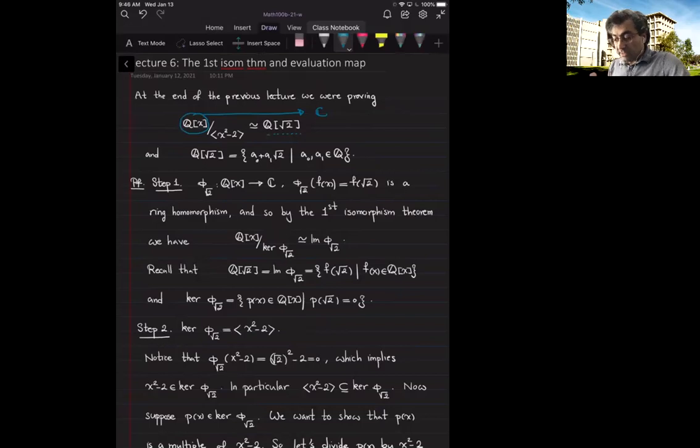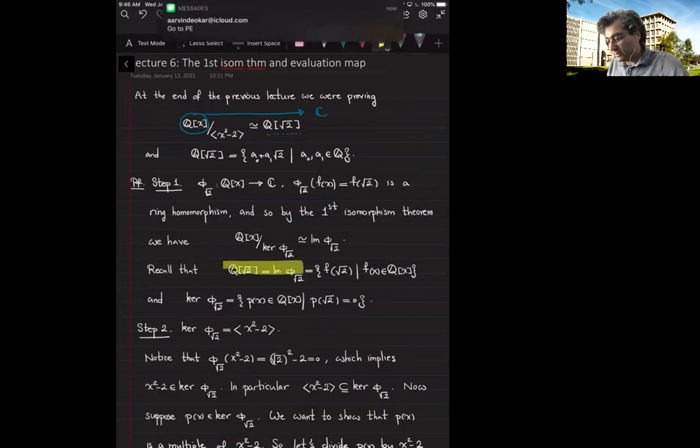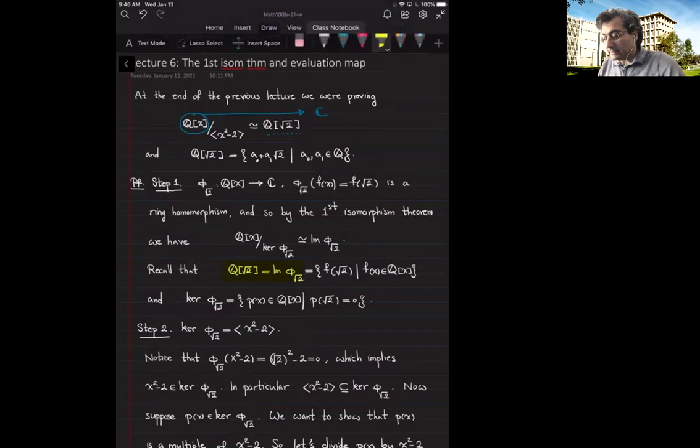And again, as we have discussed, we already know that the image of this map is nothing but, this is in fact how we define Q joint root 2, that is nothing but the values that polynomials take at root 2, polynomials with coefficients inside rational numbers.